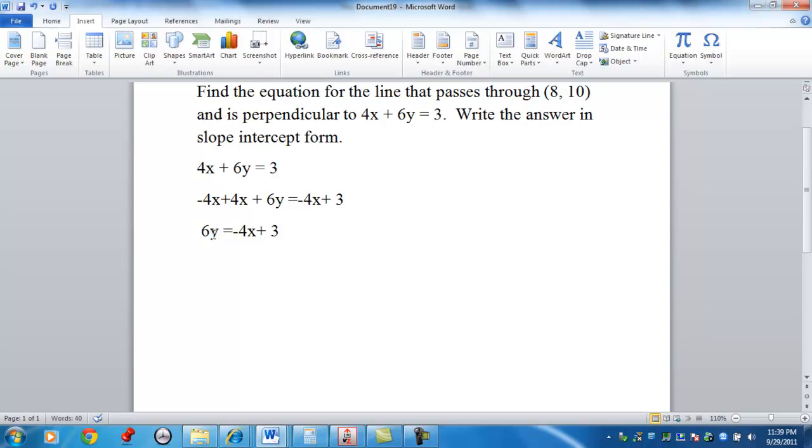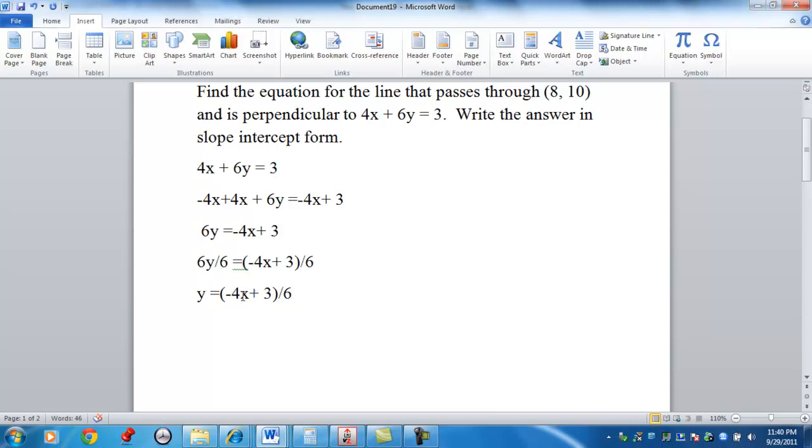I need to get y by itself in order to write it in slope-intercept form. So in my next step, we're going to divide both sides by 6. On the left-hand side, the 6's are going to cancel out, and then we have y by itself.